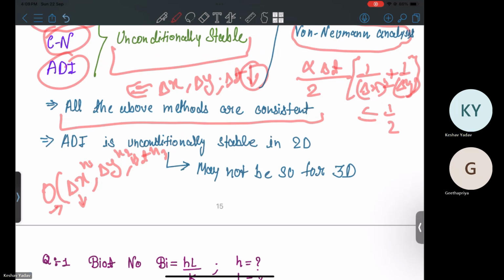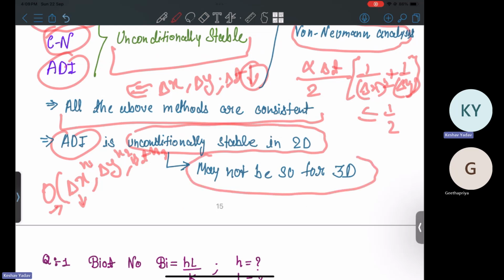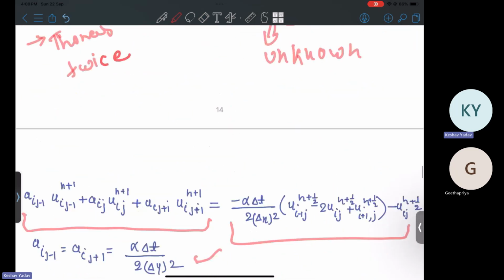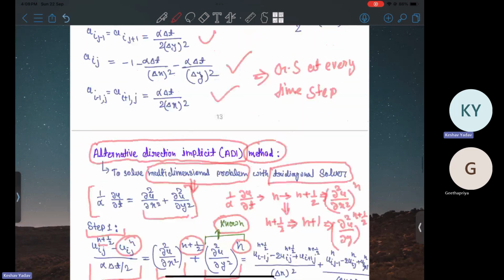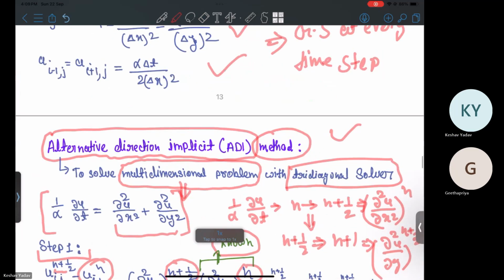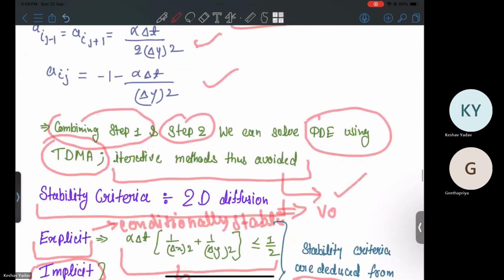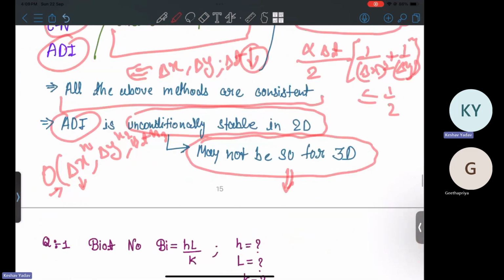This ADI scheme is unconditionally stable in the 2D case, but in the 3D case it may be stable or unstable. In 3D, writing the alternating direction implicit method is not an easy task. It is very complicated, but we will not discuss that here. So this is what was discussed in week 9, and we have revised that.